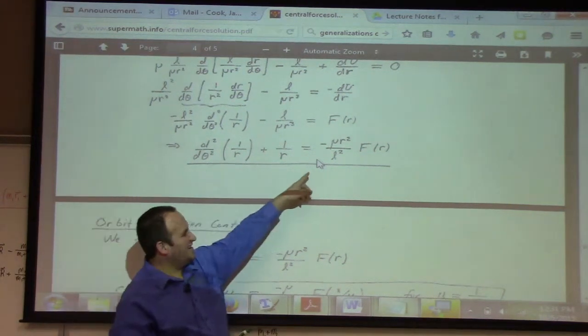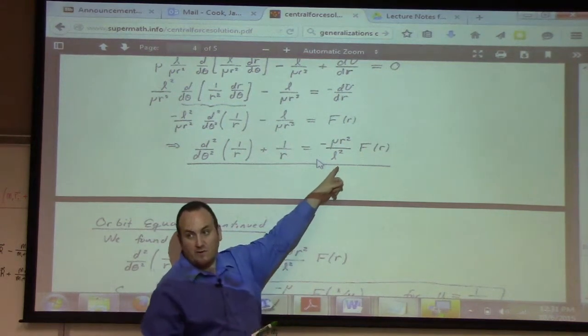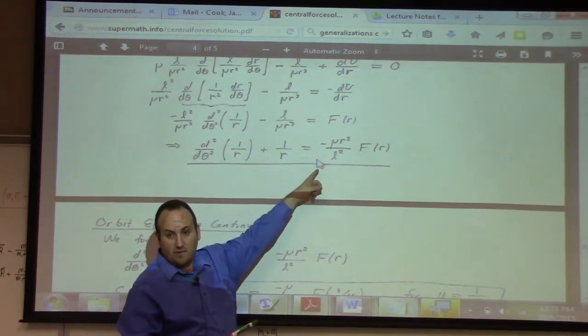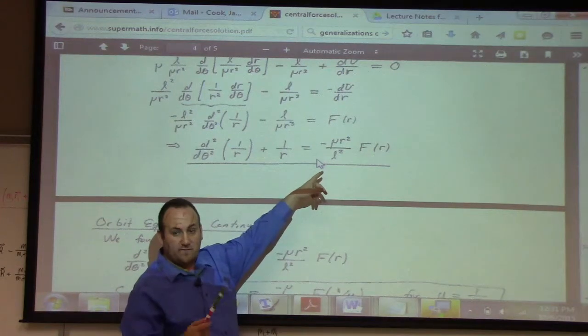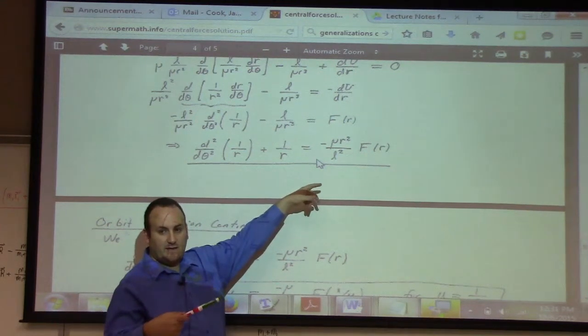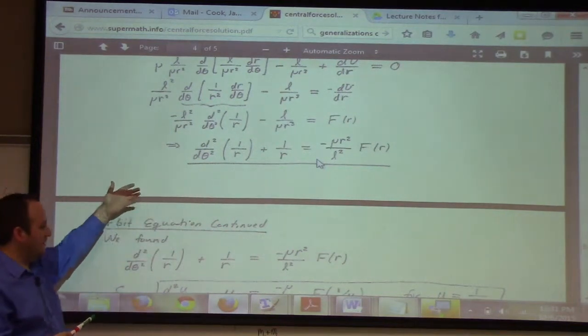But what happens when the force is reciprocal in the radius squared? See what happens? The r squareds cancel. You're back to, again, the standard cosine sine solution for 1 over the radius.